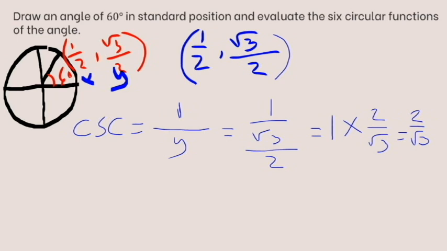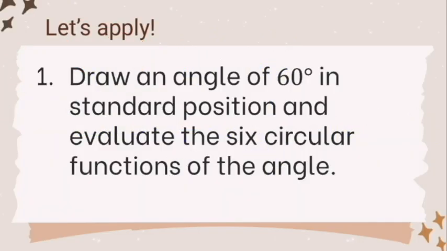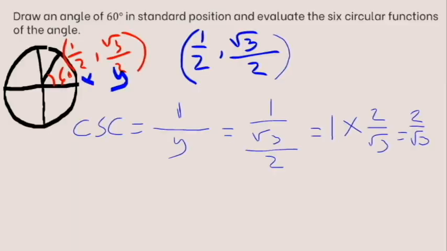So multiplying itself by square root of 3 over square root of 3, since we rationalize it.